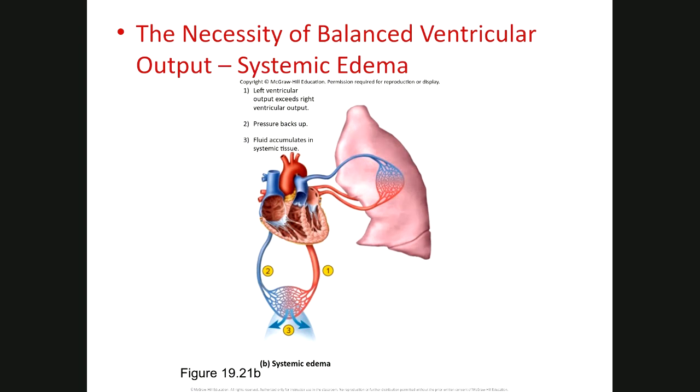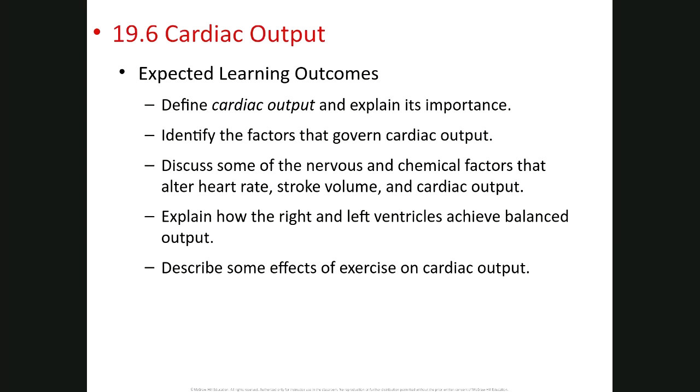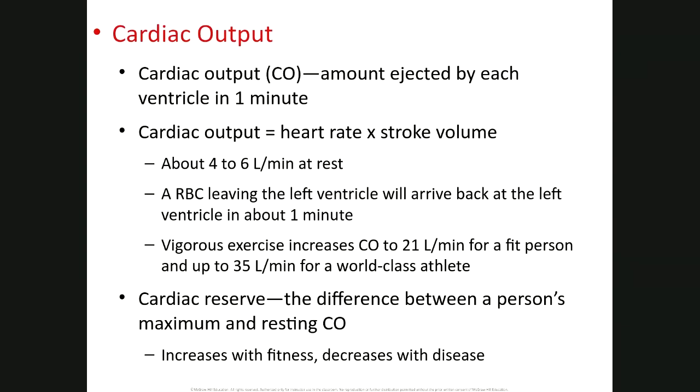See, because we know the basic mechanism of the heart, we can now apply some conditions. About cardiac output, abbreviation again, CO, cardiac output. It's the amount of blood ejected within 1 minute.